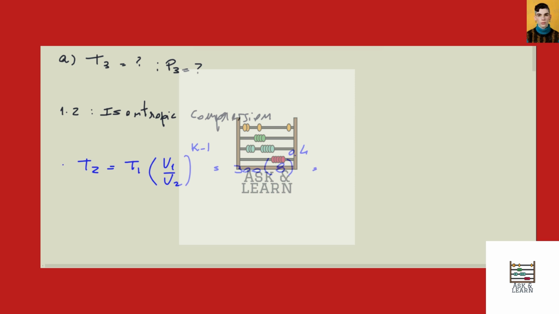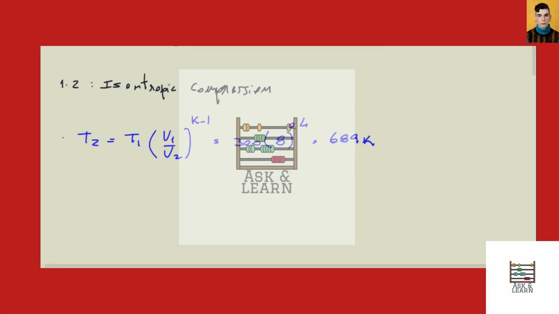And that gives us a temperature 2 of 689 Kelvin.